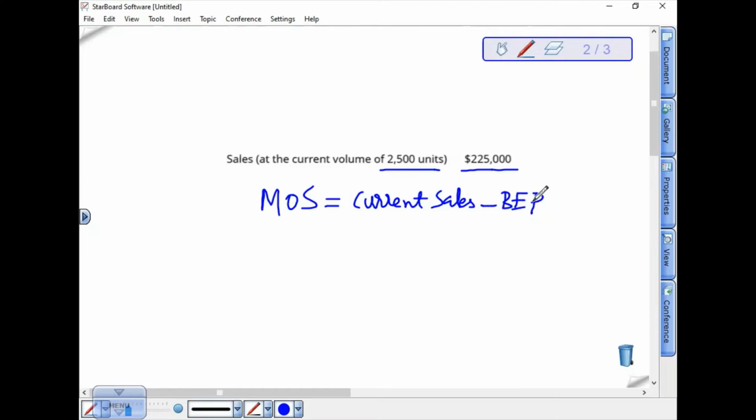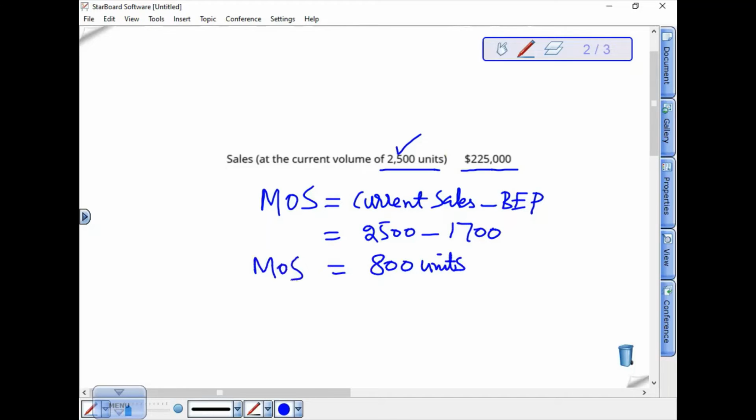If it is calculated in units, then current sales are 2,500 units and break-even sales we just calculated is 1,700 units. So the difference of our current sales and the break-even sales is exactly 800 units. So this is our margin of safety.